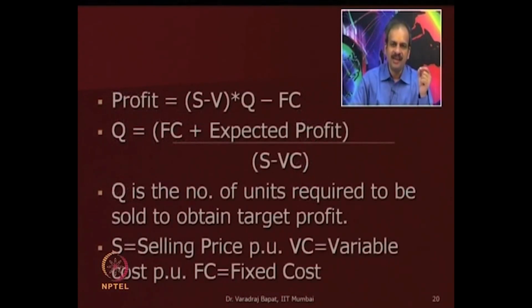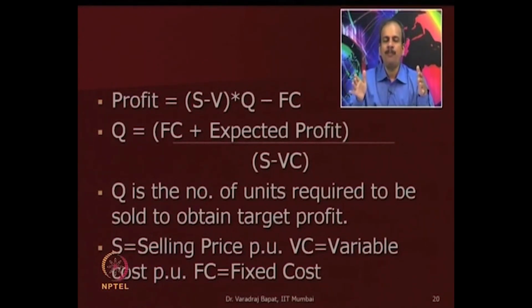Now, the same thing has been put now little more in different format. So, we know that profit is equal to total sale minus variable cost minus fixed cost. Of that, selling price and variable cost are constant. So, we have taken them in one bracket.